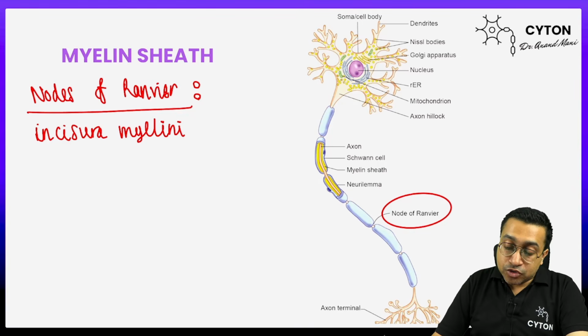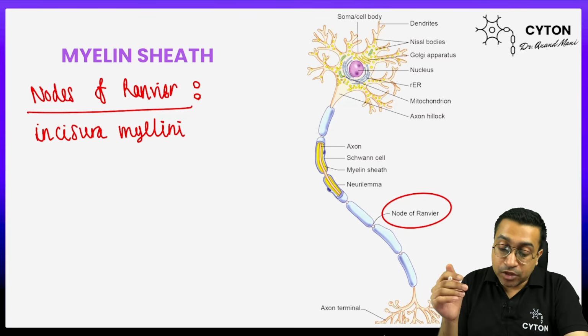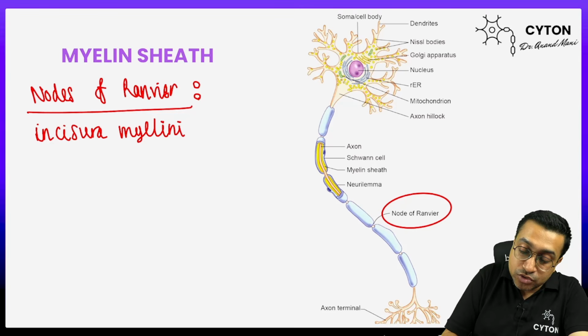Now why am I talking about all this? Because nodes of Ranvier have been asked in the MCQs also.